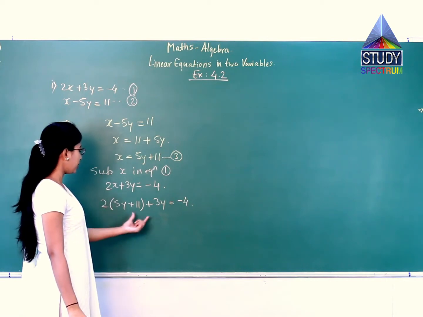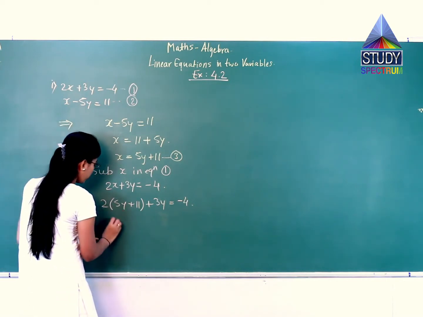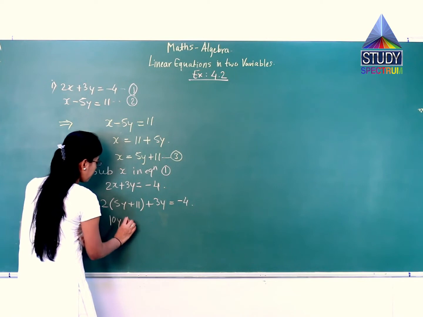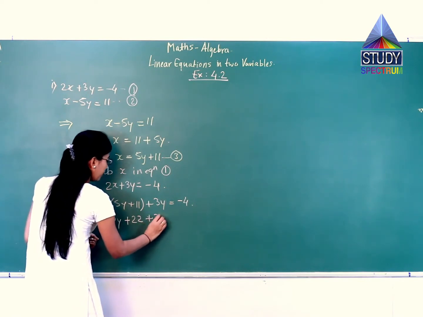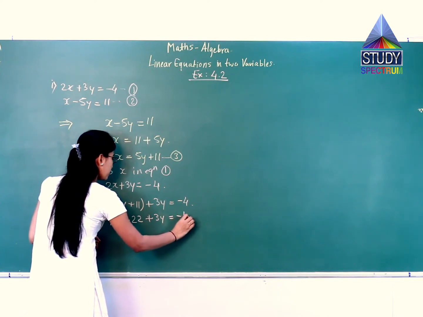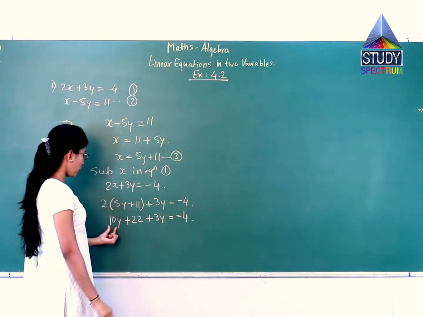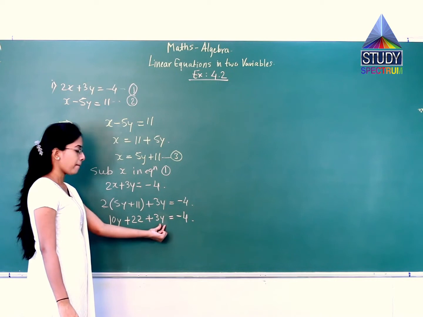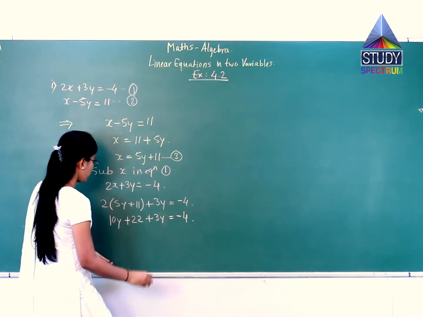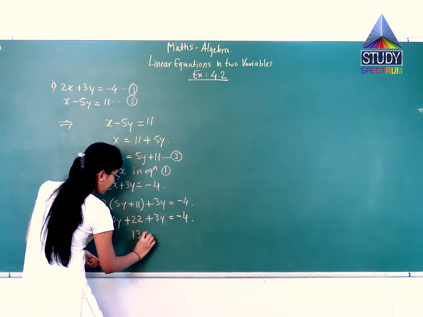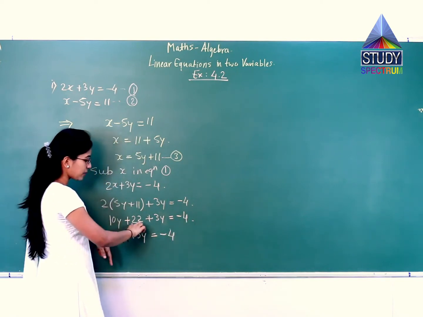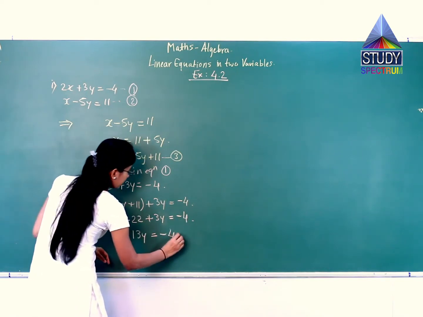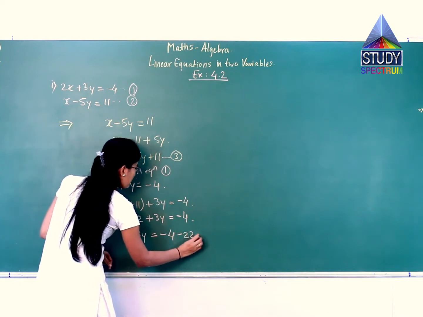So we will multiply the bracket with 2. So 5 2s are 10y plus 2 11s are 22 plus 3y is equal to minus 4. So now 10y plus 3y will be 13y and minus 4 as it is, and this plus 22 on the right hand side will get subtracted.